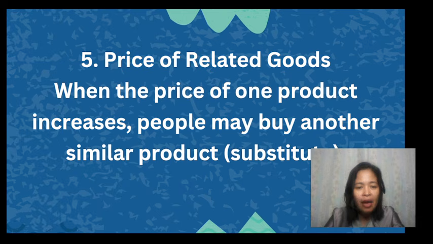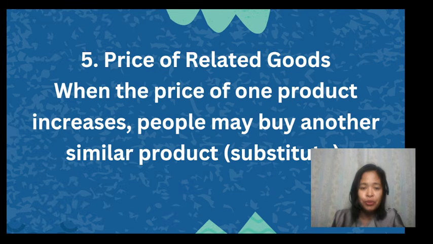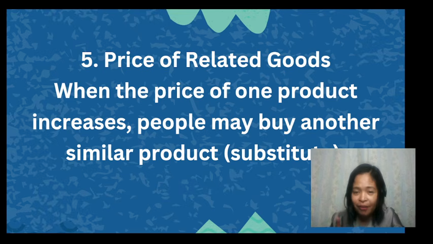All right, so we will move on to the fifth determinant of demand, and that is prices of related goods. When the price of one product increases, kung tataas daw ang presyo ng isang produkto, people may buy another product as the substitute, at itong product na ito ay mas mura as compared to the other.